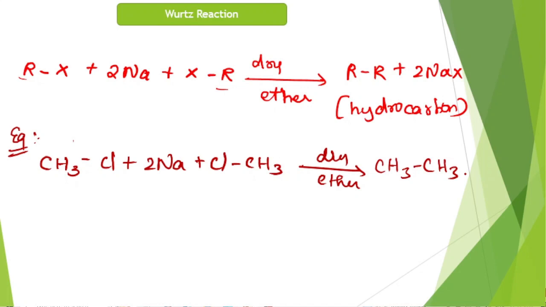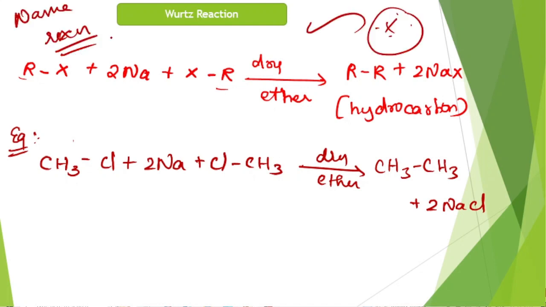So this is how you will write the Wurtz reaction. Clear? This is the basic idea of writing the Wurtz reaction. It's important, so you have to remember this. The Wurtz reaction is also one of the name reactions. I already told you name reactions are very important, so this Wurtz reaction is also very important.